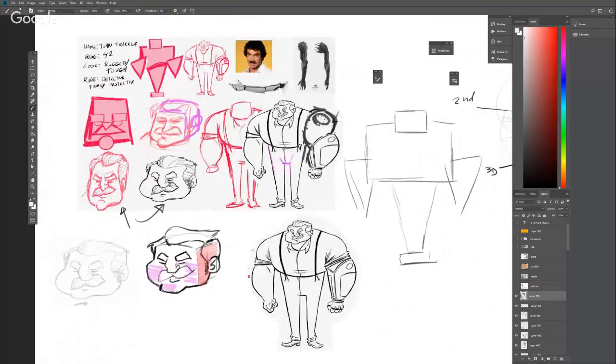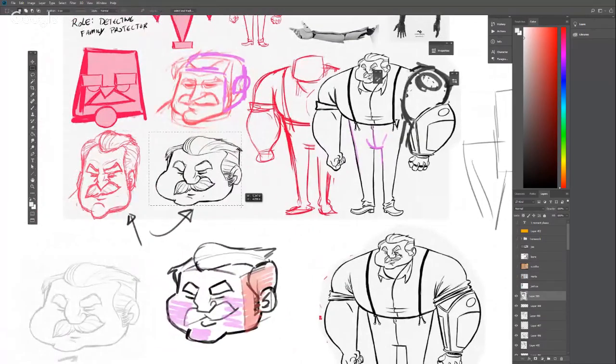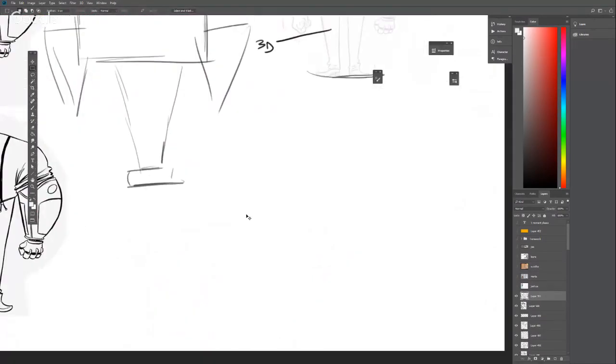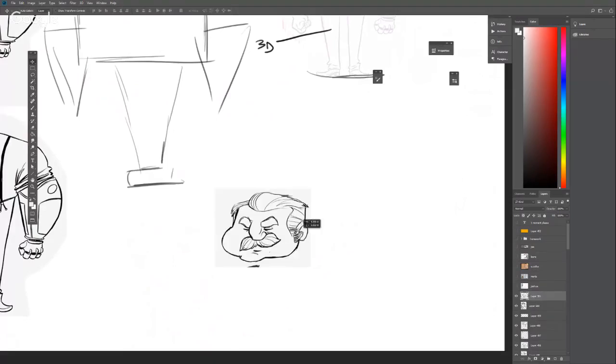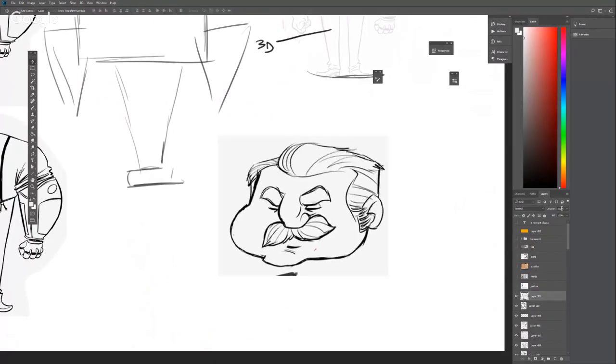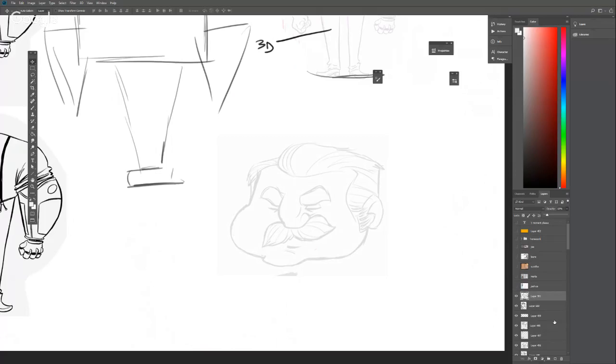Yeah, maybe you can push that a bit more. Let's take this one. And add a bit. Maybe you can push that a bit more, like this.